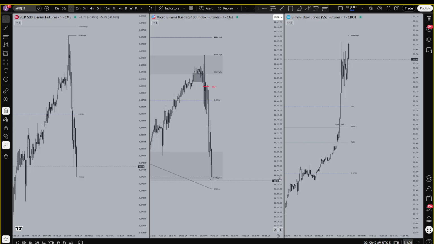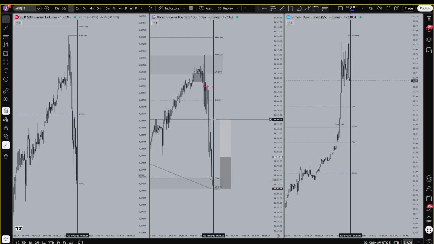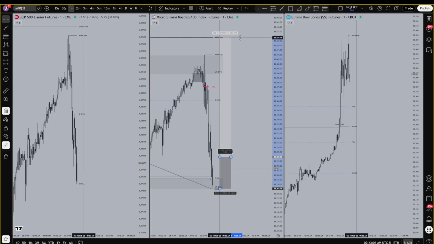Bro, it's so fried. I wanted to short that 940 candle to Asia. Thinking maybe something like this. Break even at this spot. You could hold for previous day high, but I'm not going to hold for previous day high.